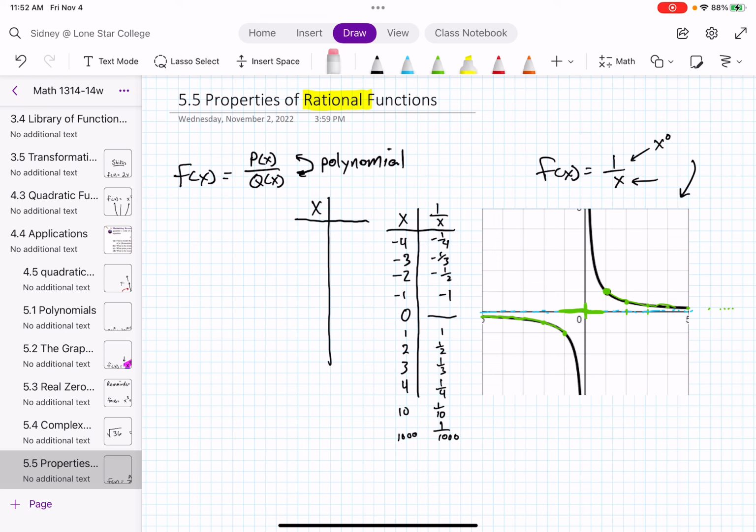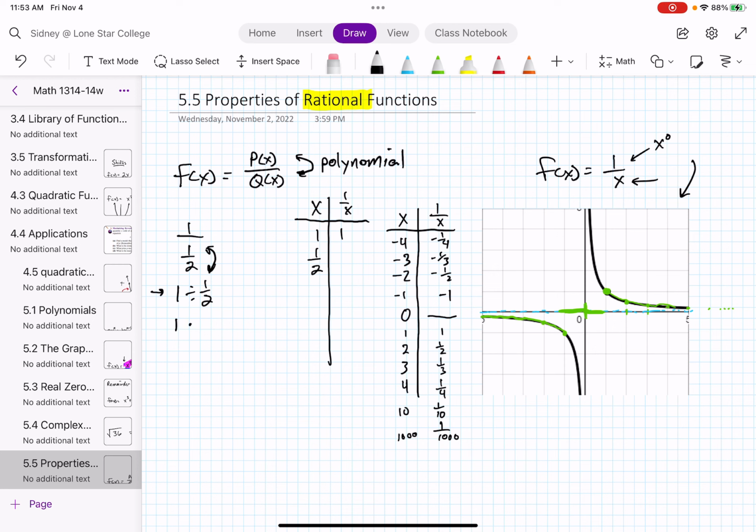So we know that 1 has an output value of 1. But if we have an x value of 1/2, that literally means 1 over 1/2. It's weird for us to have fractions inside of fractions, so I'm actually going to write it like this. 1 divided by 1/2. These two are equivalent. Now, when you write it in this horizontal orientation, maybe you'll see that we can look at this as dividing fractions. In dividing fractions, the algorithm is flip the second number and multiply.